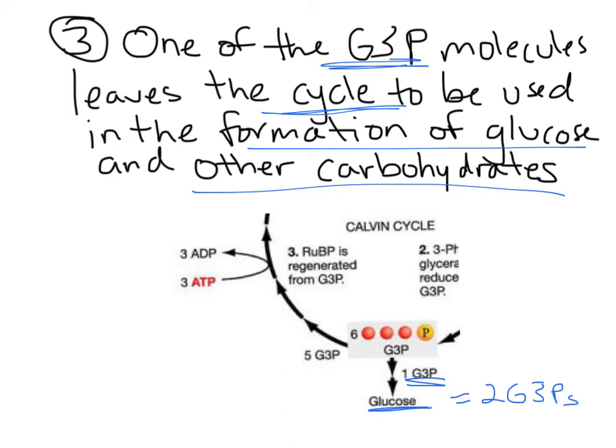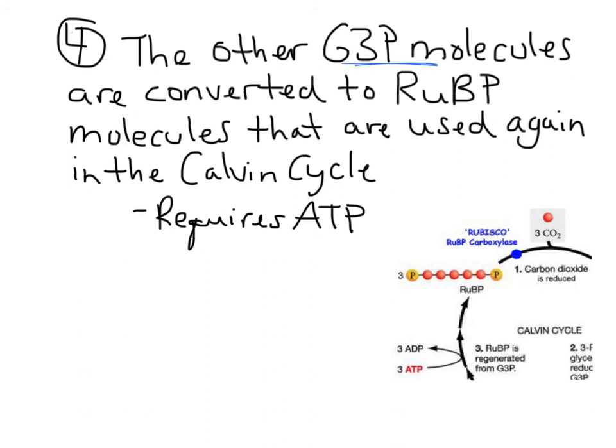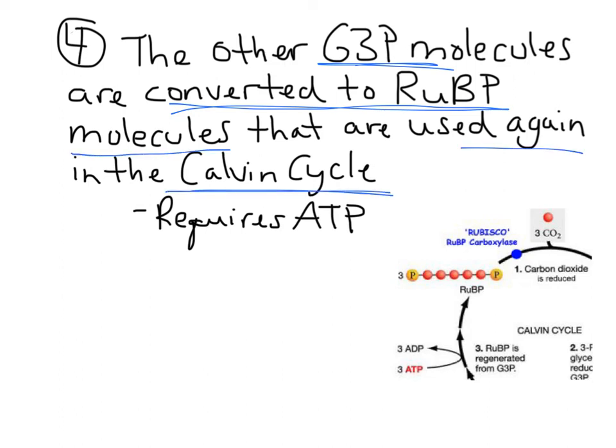However, we don't want to take both of those out because we need to keep a stockpile of those G3Ps in order to make our initial Rubisco. So the other G3P molecules are converted to RuBP, ribulose biphosphate, and they're going to be used again to keep the cycle going, and this requires energy as well. We have 3 ATP molecules needed to take the G3P and make it into RuBP.